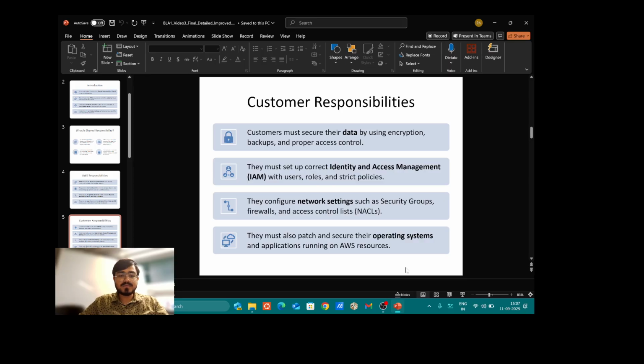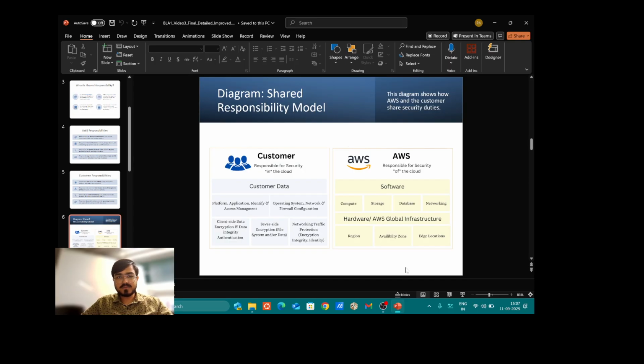They are responsible for network settings like firewalls and security groups, and they must patch operating systems and applications to remove vulnerabilities. AWS gives us the tools, but it's our job to use them correctly. Let's see the next one.